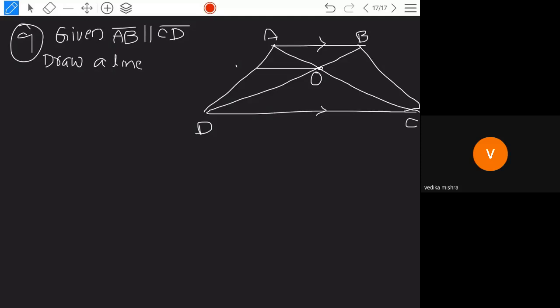So draw a line MO parallel to AB, and it is also parallel to CD. If I draw a line parallel to one of the two parallel lines, it is parallel to the other also, isn't it? Because already AB is parallel to CD, and if I draw a line parallel to side AB, then it is parallel to the other side also, isn't it?